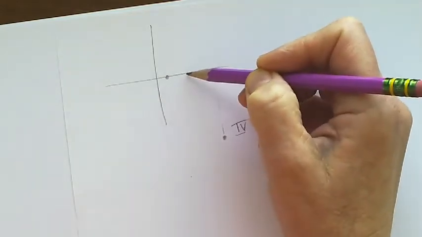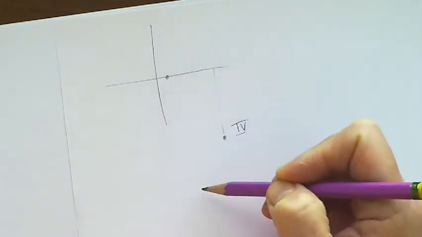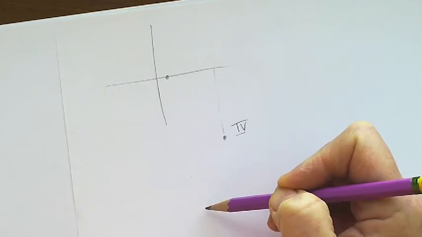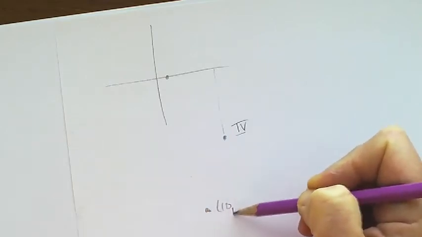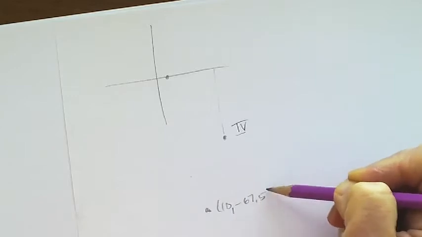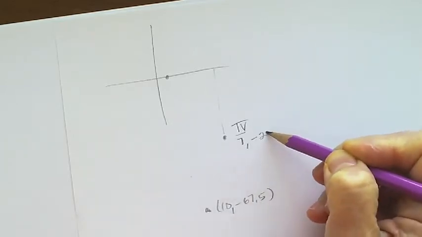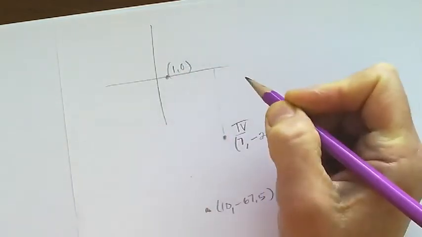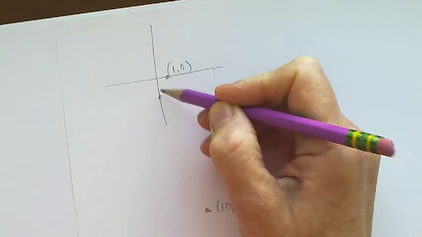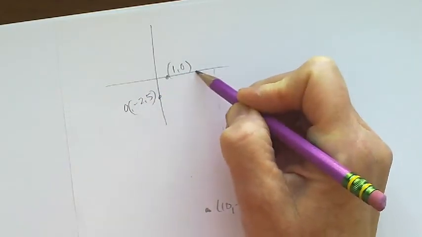This is not my final graph. I'm just kind of mapping this out. 10, negative 67.5, so way down here. And then I've got 0, negative 2.5, 2.5, 0.